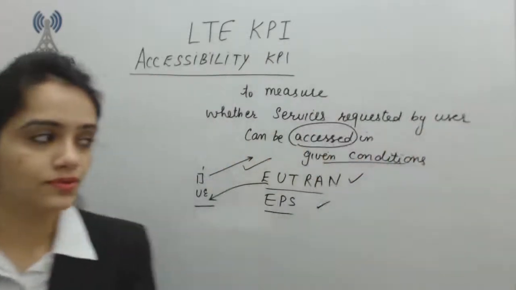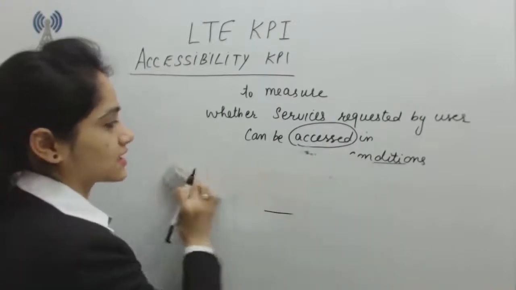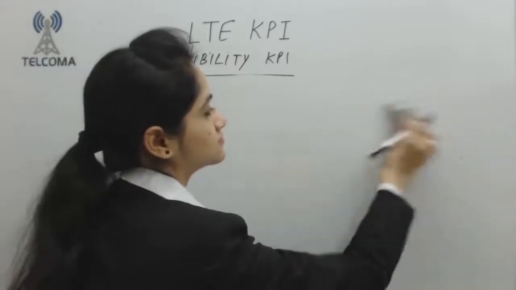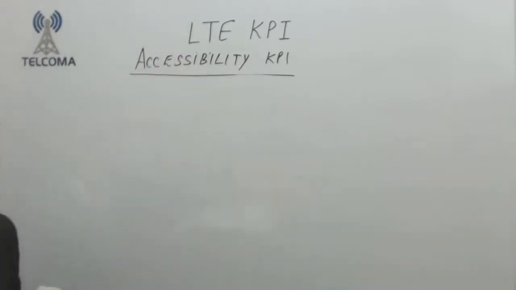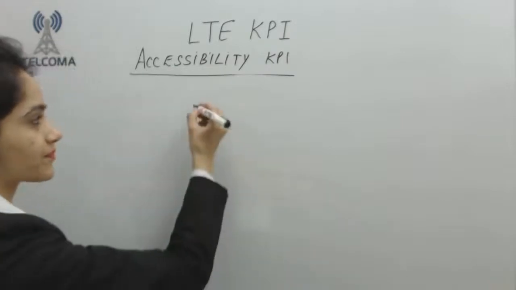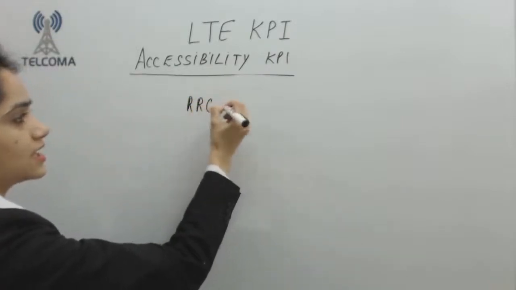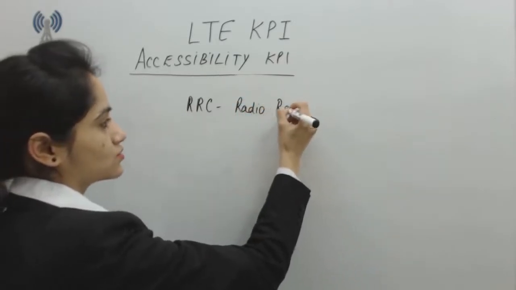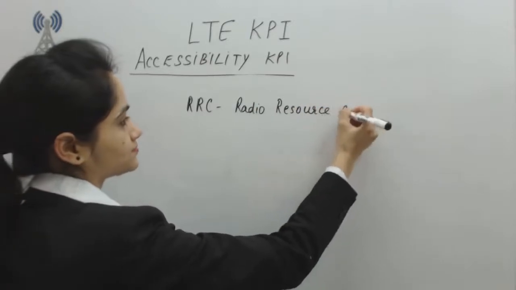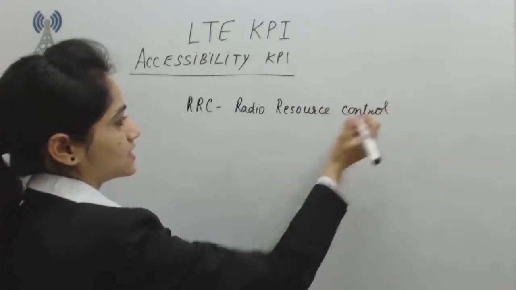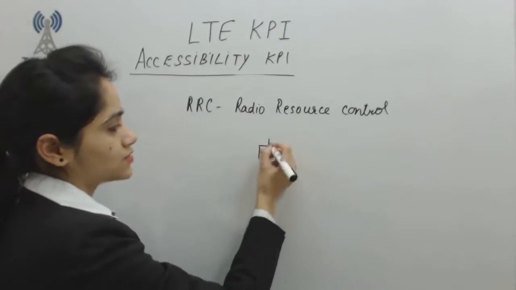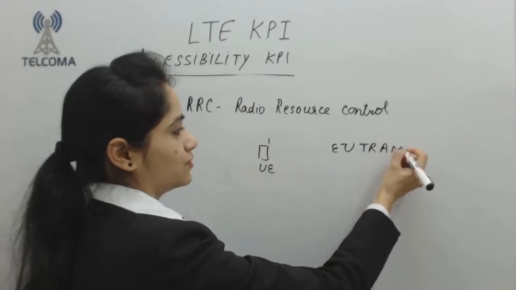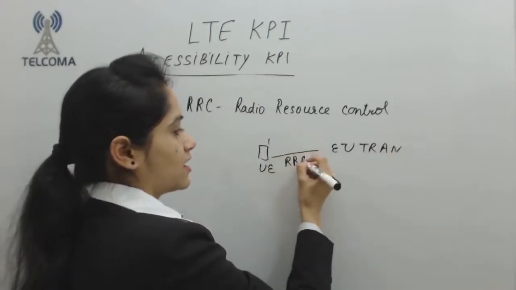Now we have two messages under this criteria. The first one is RRC, which stands for Radio Resource Control. This radio resource control is between the user equipment and the E-UTRAN part, that means the eNodeB.